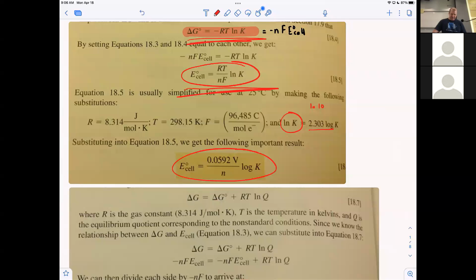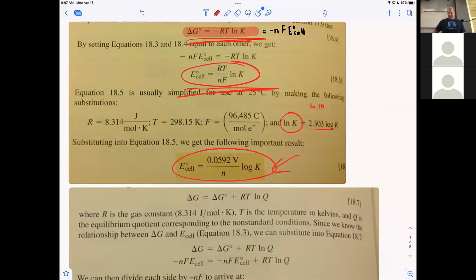And if you want, you can put in the values and you get the standard cell potential is 0.0592 volts over the number of moles of electrons transferred times the log base 10 of K, the equilibrium constant. And I mentioned here, why are we using logs? There's two reasons. First of all, these different branches of chemistry were developed independently of each other.